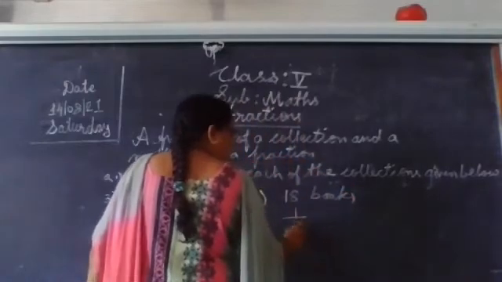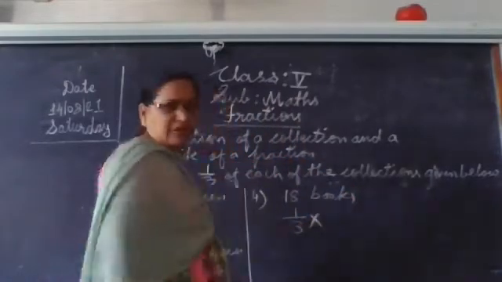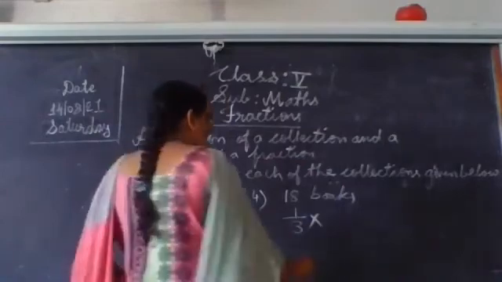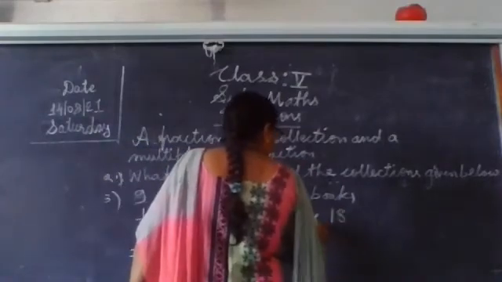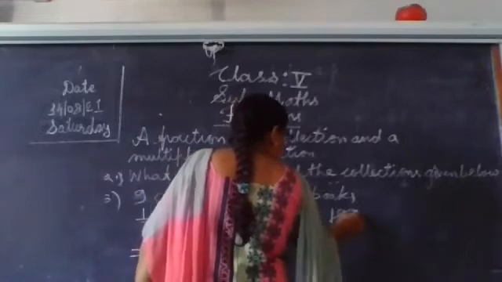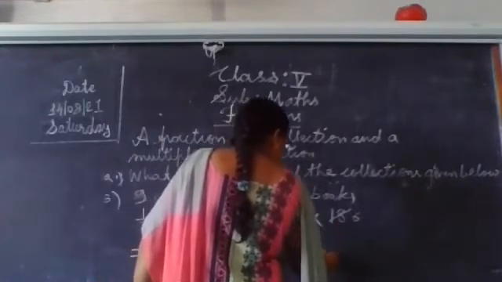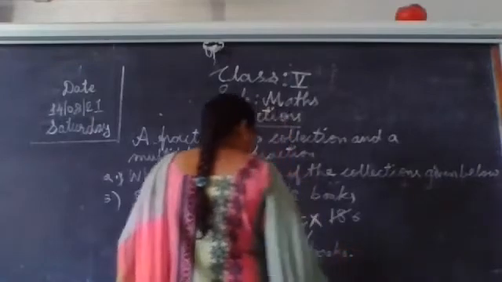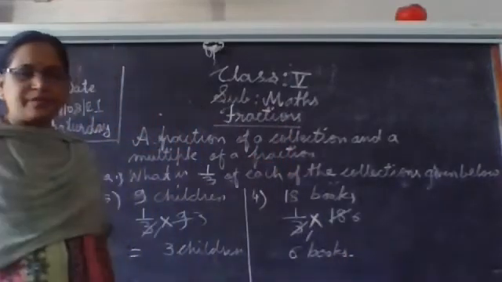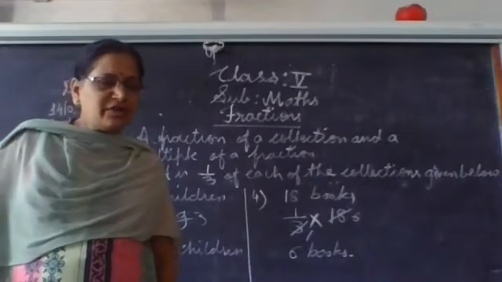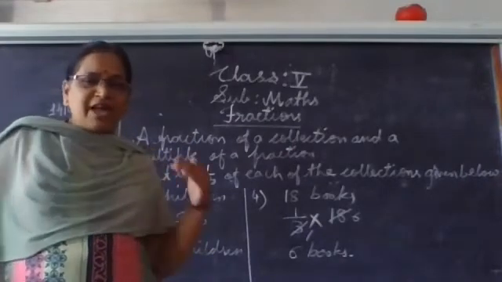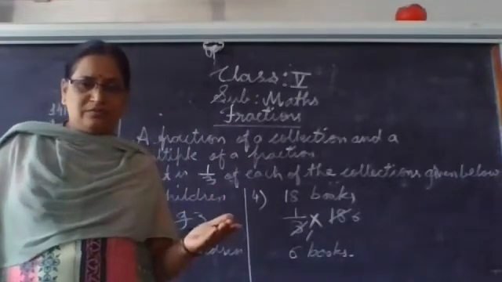Again, 1/3 of 18. 3 ones are 3, 3 sixes are 18. So it is 6 books. So in this way you can find the fraction of the whole.